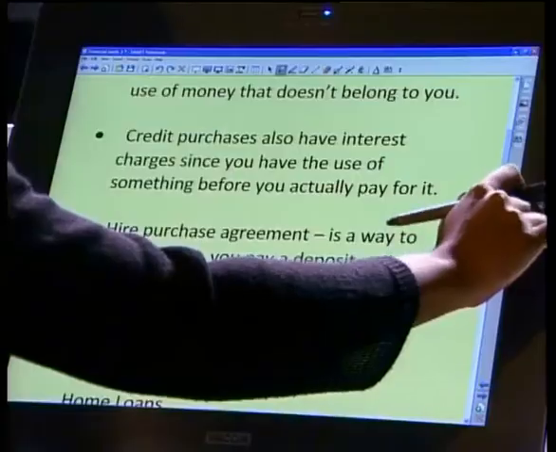A very big part of the financial maths section is credits and loans. Now, when you borrow money, which is known as a loan, the cost to you is the interest that you have to pay back. Because remember, you are borrowing money and you're using money that doesn't belong to you. So the cost to you is the interest payments that you have to make back on the borrowed amount.